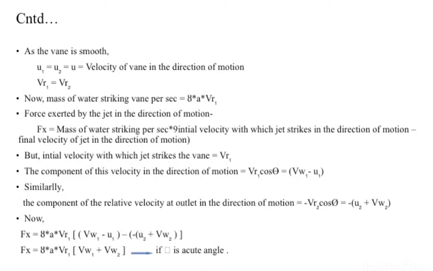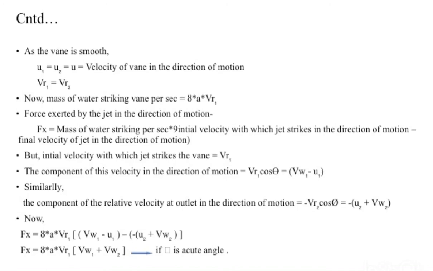Now the mass of water striking per second is given as rho into A into VR1, and the force exerted by the jet in the direction of motion, that is Fx, is given as mass of water striking per second into initial velocity with which the jet strikes in the direction of motion minus final velocity of the jet in the direction of motion.